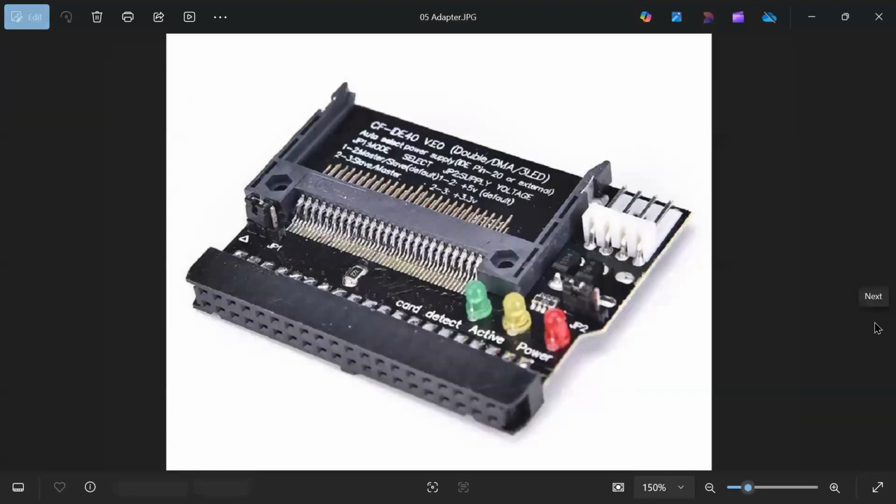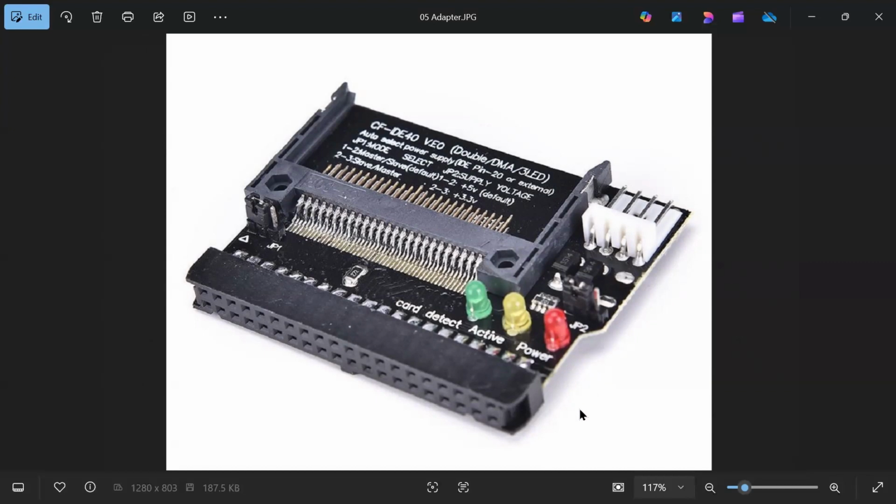Okay. Now we're going to be using this compact flash to IDE adapter, right? So we know that we selected the compact flash primarily because it supports the true IDE mode.